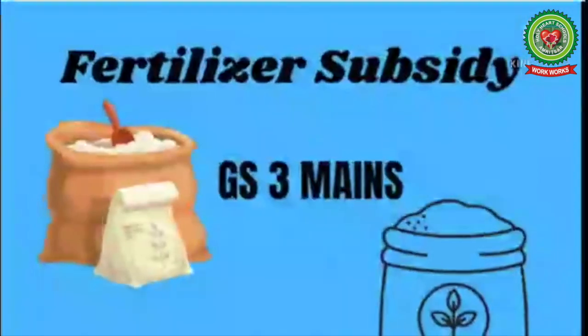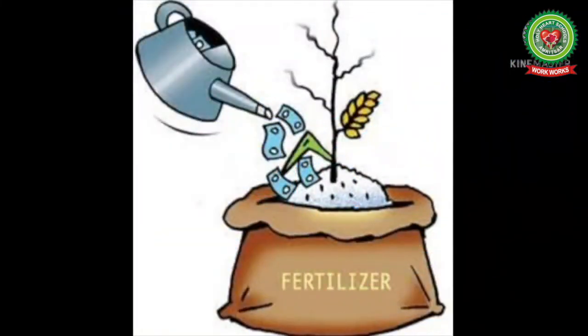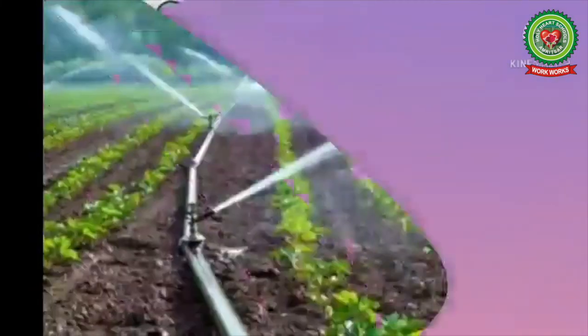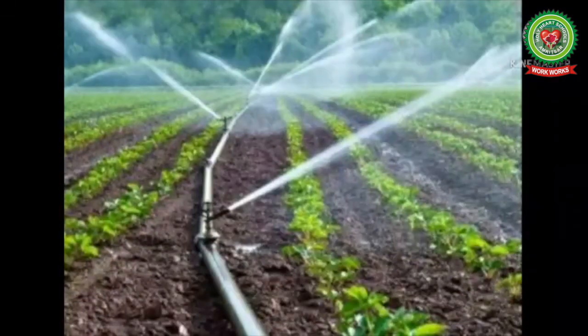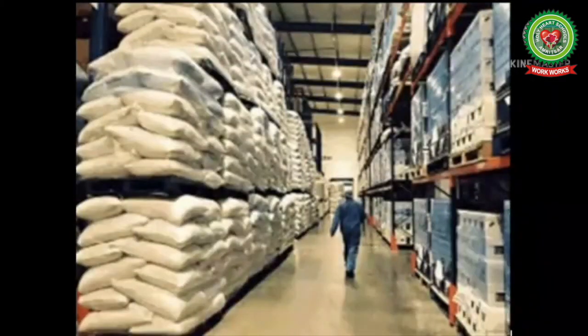The governments have given a subsidy for using chemical fertilizers. It has been planned to bring at least half of the total cropped area under assured irrigation. Adequate and accessible storage facilities for farm products have been developed, which can save the farmers from distress sale.